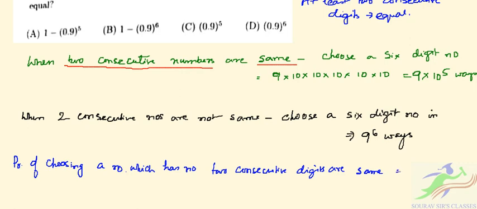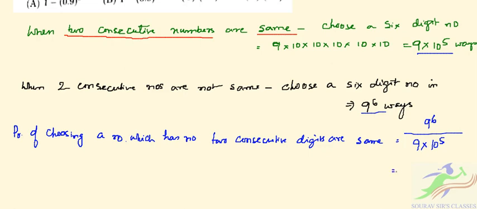So it is pretty simple that here we have 9 to the power 6 ways. From here we find, so it will be divided by the total, so it will be 9 to the power 6 divided by 9 to the power 9 into 10 to the power 5, which is simply 0.9 to the power 5.